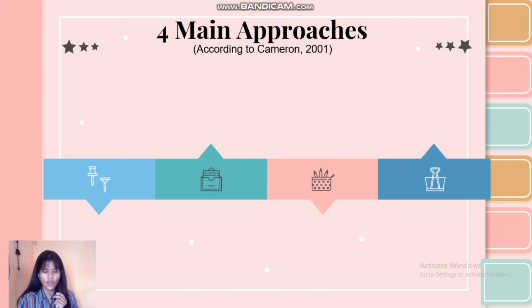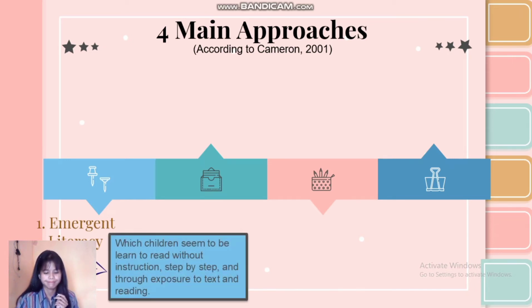And yeah, here are the four main approaches to teach young learners according to Cameron 2001. The first is emergent literacy. Emergent literacy is where children seem to learn to read without step by step instruction, through exposure to text and reading.